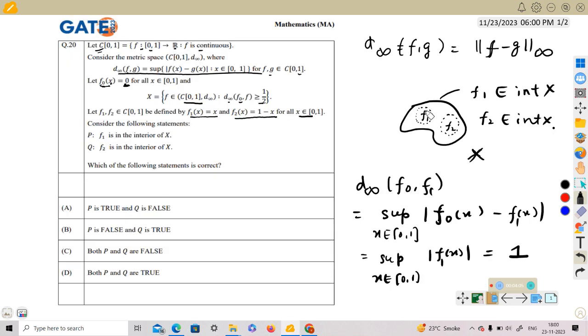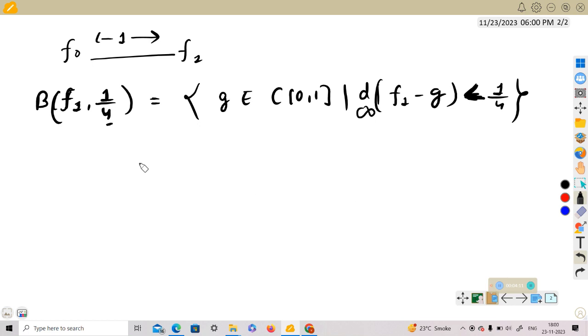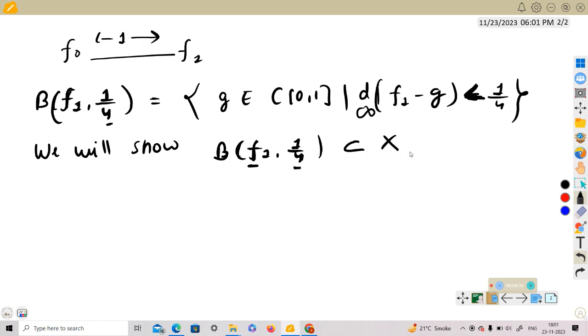We need to show that there is a ball around f1 which is contained in X. So we will show that B(f1, 1/4), an open ball at center f1 of radius 1/4, is contained in X.